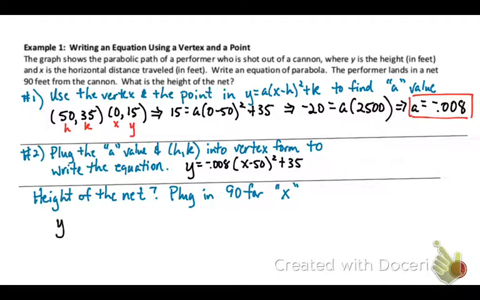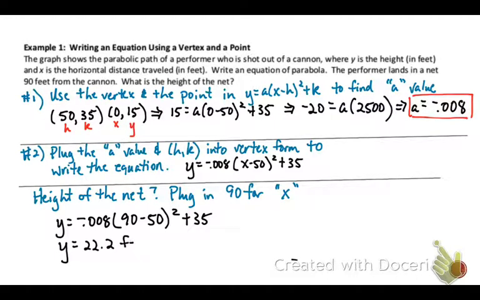And then that will give you the y value, or the height, that pairs with a distance of 90 feet out. So doing that math, you'll get approximately 22.2 feet. And if you look back on your graph, that point, (90, 22.2), is about right.